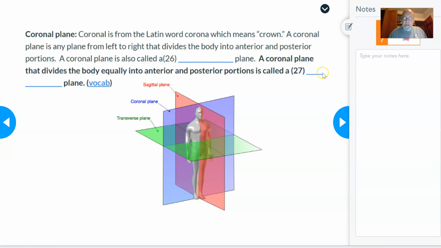A coronal plane is also called a frontal plane, and a coronal plane that divides the body equally into anterior and posterior portions is also called a mid-frontal plane.